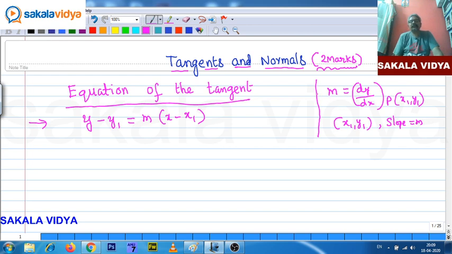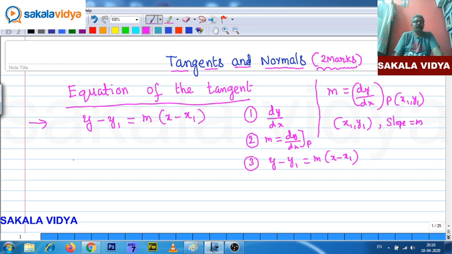So the first step is dy by dx. Here also the first step is to find dy by dx. The second step, we need to find m, dy by dx at P, and third, we need to apply the formula y minus y1 is equal to m into x minus x1. These three steps are to be followed. For example, let us consider one example here.